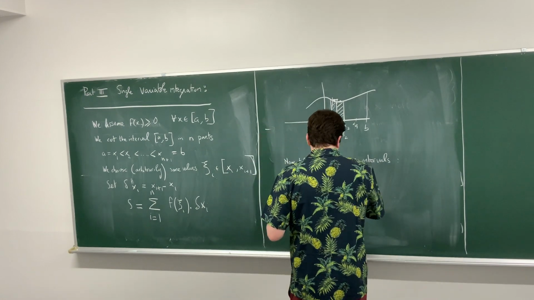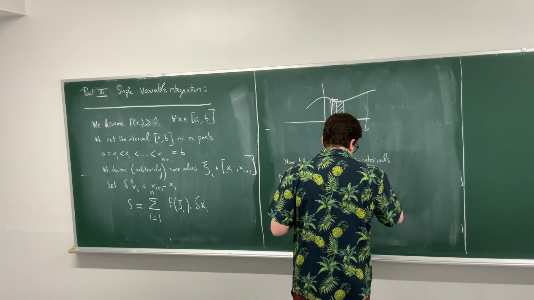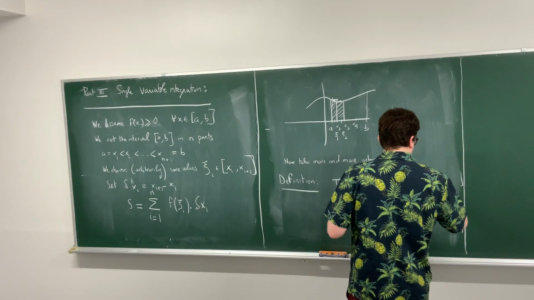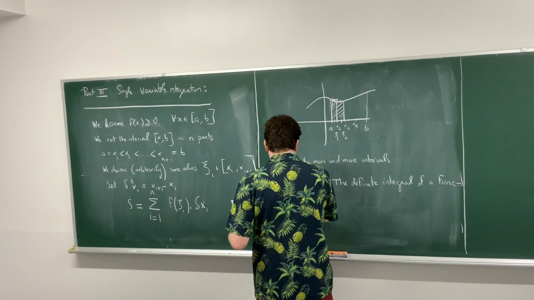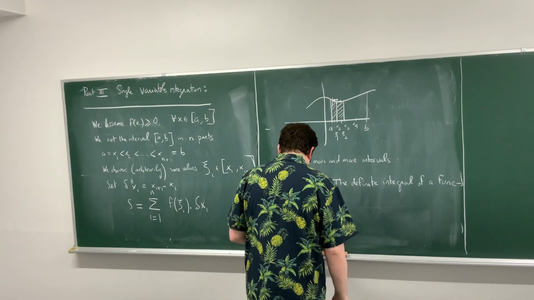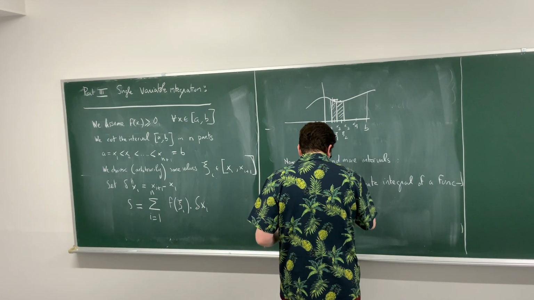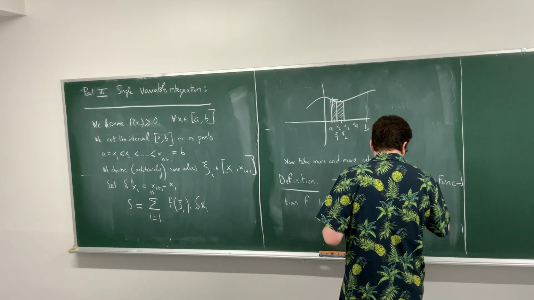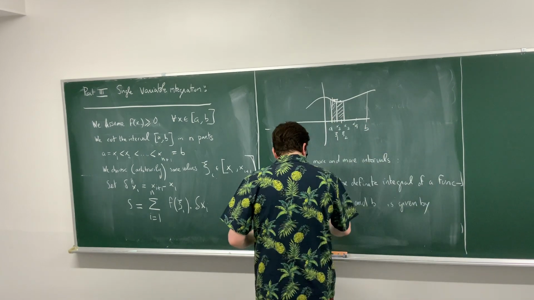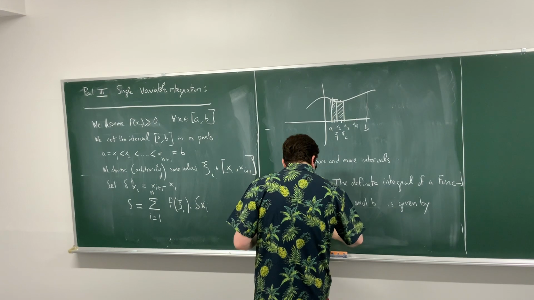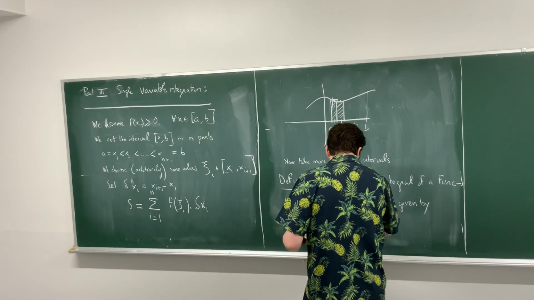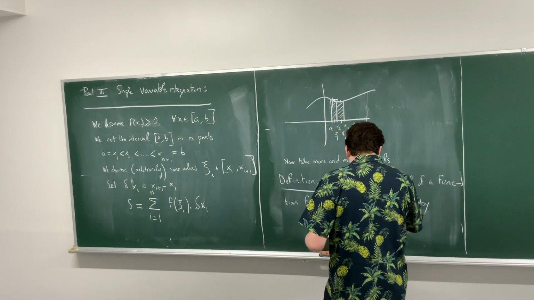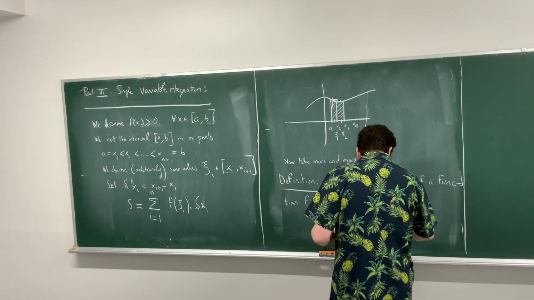First definition: the definite integral of a function f between A and B is given by the limit when n goes to infinity of this sum for i equal 1 to n of f of xi* times delta xi.